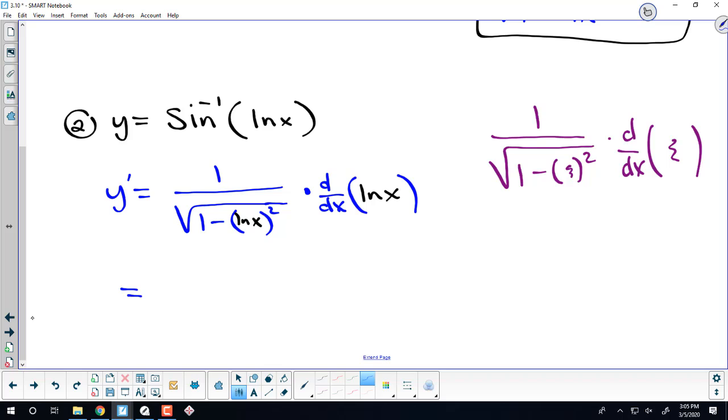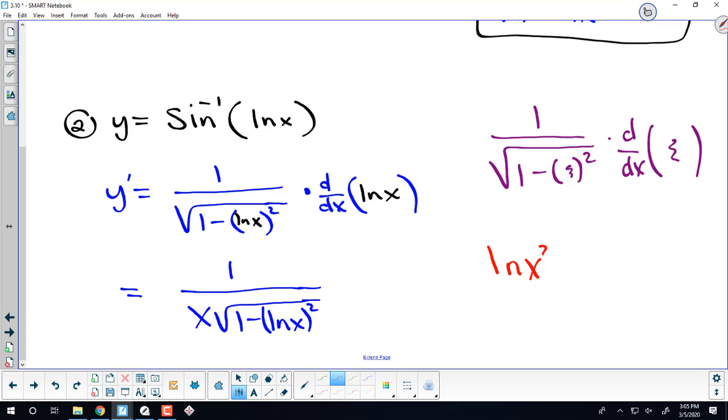Okay, so we've got the derivative of the natural log of x is 1 over x, so that's in the bottom with our radical: 1 over x times the square root of 1 minus the quantity natural log of x, squared. The natural log of x, that whole thing being squared, is totally different than the natural log of x squared. The ln of x squared is just the natural log of x times x.